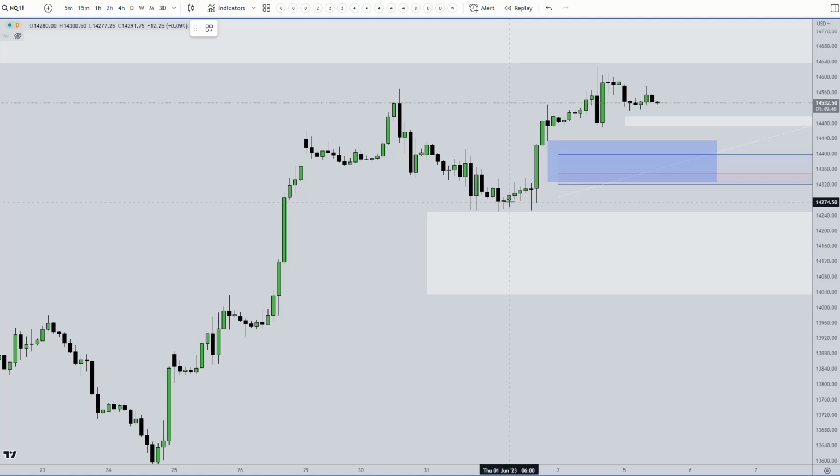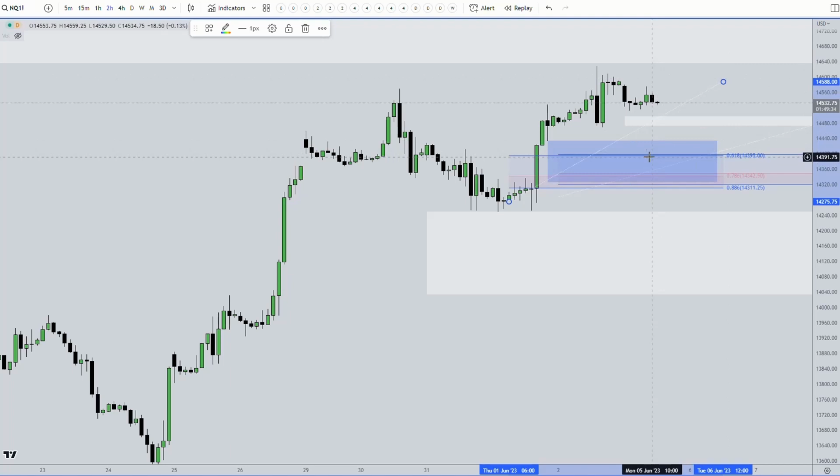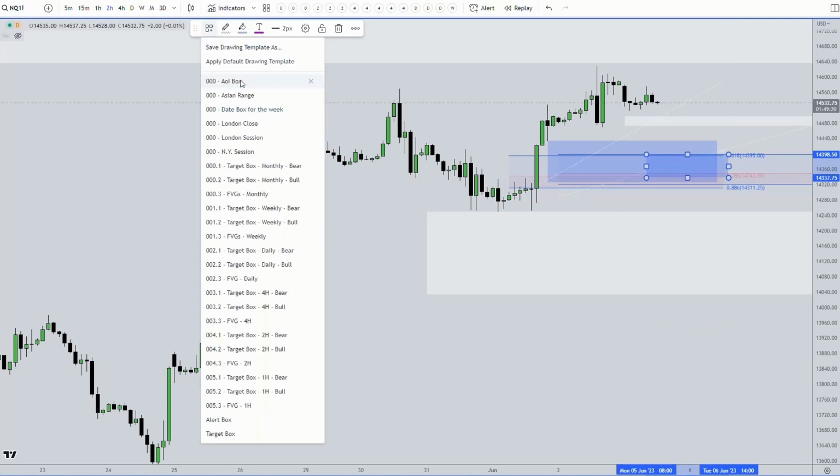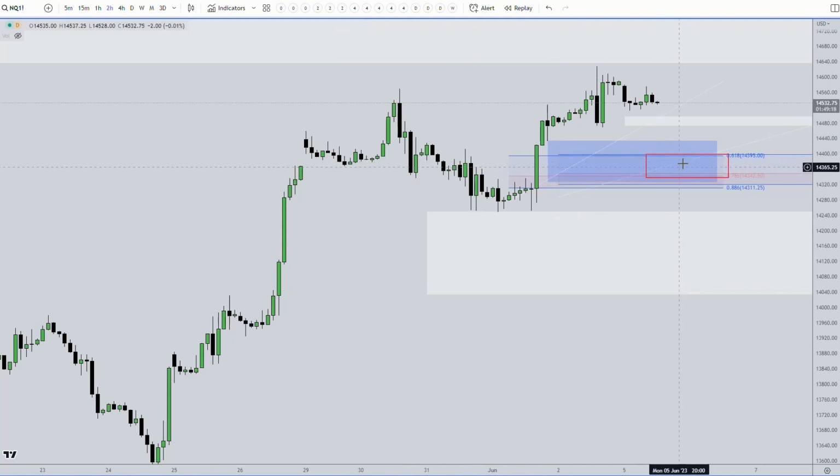Take our fibs from this last crucial swing point up, and we see where we would potentially find a higher interest level, or an area of interest for us, in this area of interest box that I've lined out here, starting at around $14,400.